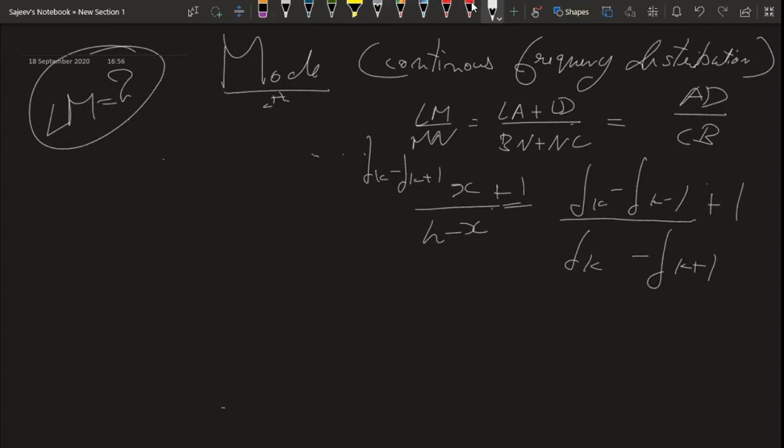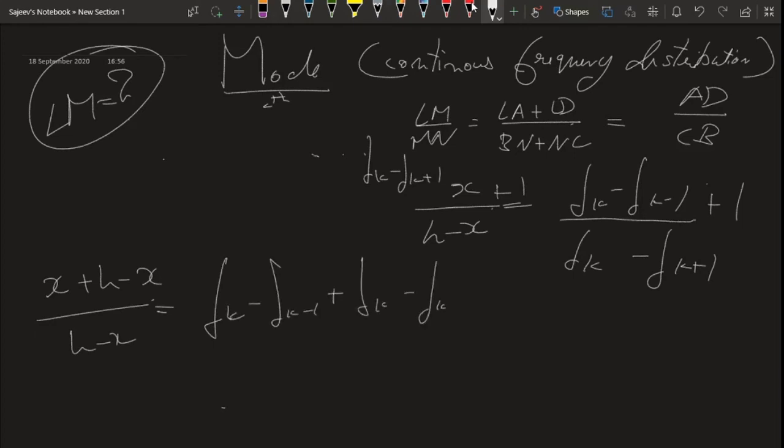Let me clear up some space. We have x plus h minus x by x equal to fk minus fk minus 1 plus fk minus fk plus 1 by fk minus fk plus 1. Basically, I added a 1 on both sides. That will eliminate the x. So I have h, and let me take the reciprocal. h minus x by h is equal to, what am I left with?